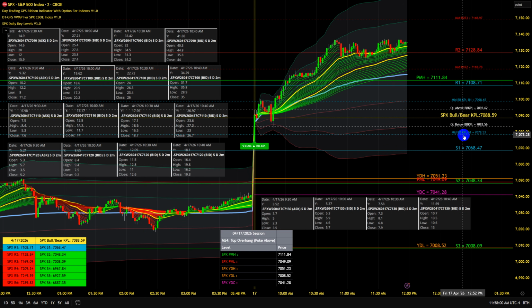If using the standard stop loss on this particular trade would put you down here, and if you got stopped out, more than likely this option is probably going to be somewhere in the 7 or 8 or 9 range. It just really depends on the implied volatility for the day and where the options are priced at. So there's a lot of different factors in play on that.